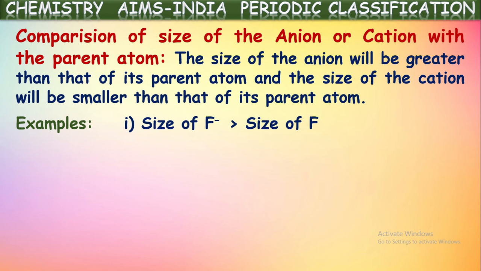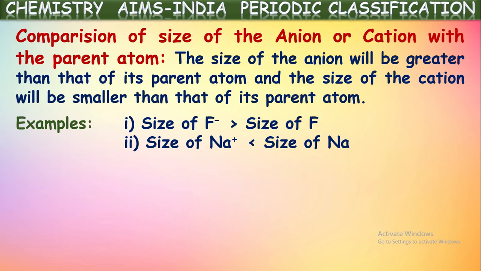For example, F minus is gaining one electron. To accommodate an electron, the size should be a little increased. That's why F minus has a greater size than the neutral fluorine atom. In the same way, Na plus has a smaller size than the neutral Na atom because the sodium ion has fewer electrons.